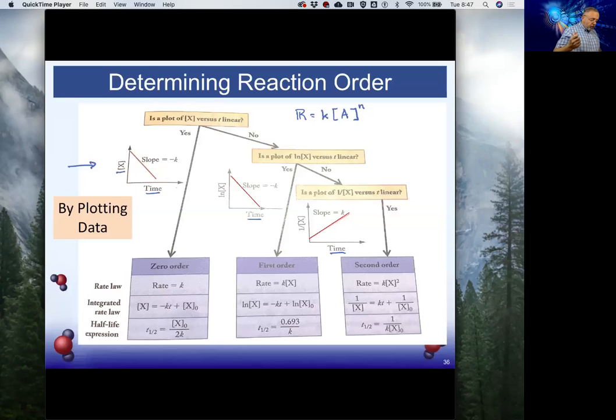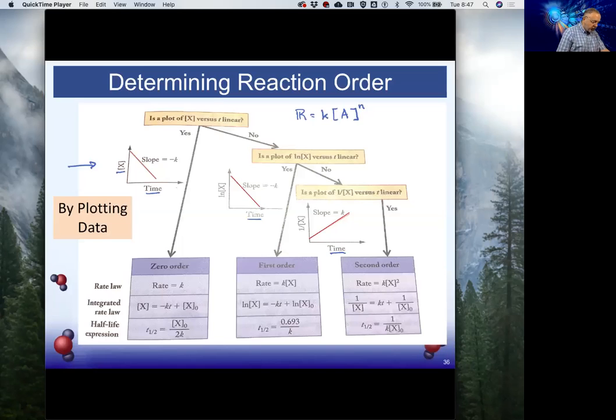So when you run a reaction, the reaction is not like it has a mind. It depends on the reaction mechanism how it's going to behave and how fast it's going to go. So when we run a reaction, we don't know the order, but usually it's going to fall into, actually here there are 3 categories.